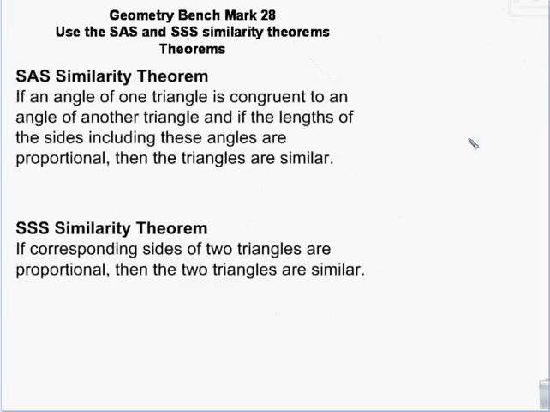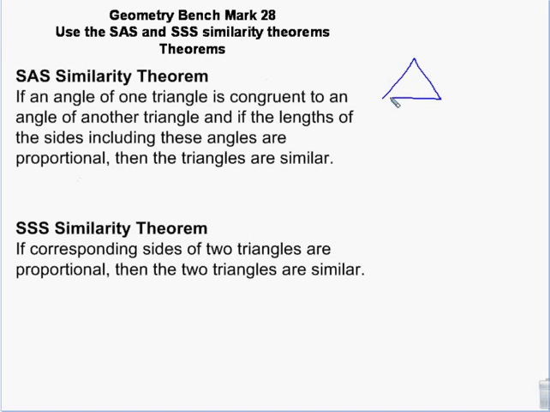The first one we have is the side angle side similarity, which is similar to side angle side congruence, but this is just similarity. So if an angle of one triangle is congruent to an angle of another triangle, and the lengths of the sides including these angles are proportional, then the triangles are similar.